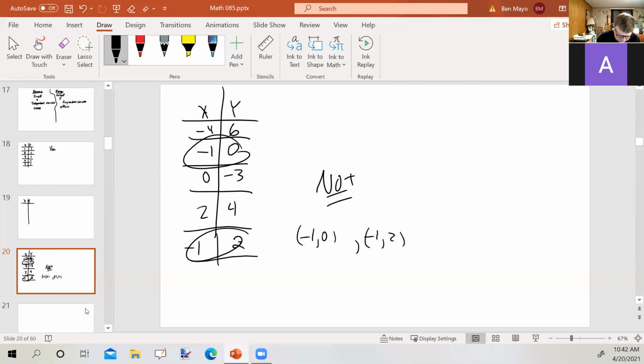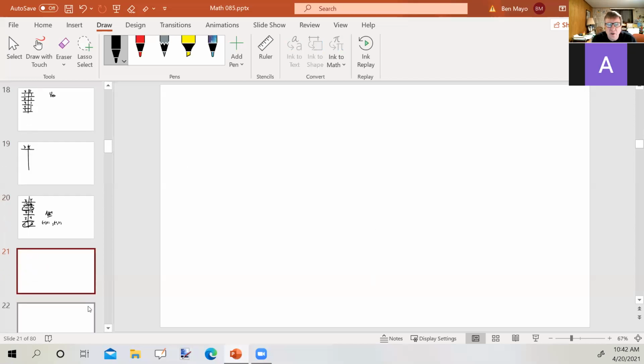All right, now, there is special notation that we use to illustrate that an equation is a function. For example, if we have y equals 2x plus 3, that is an equation, and it also is a function.